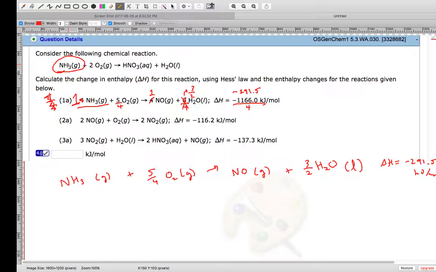I've got the NH3, no problem. Next thing is oxygen. So I need 2 oxygen molecules. Now I've got oxygen molecules here, and I've also already got 1 1/4 oxygen molecules here. This is kind of a problem. I don't want 1 1/4. I want 2.